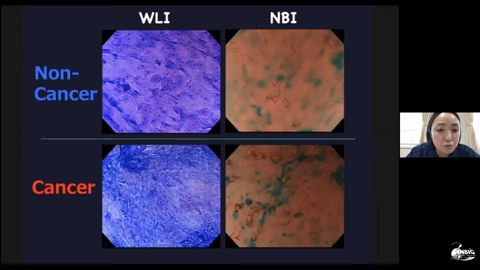The top 2 pictures are non-cancer. A little bit of inflammation is observed, but it is a non-cancer area. IPCL is very thin and clear, but in the cancer area, the 2 pictures on the bottom, the nuclei are enlarged, and also IPCL is very thick, enlarged and irregular in the right picture, as you may see.